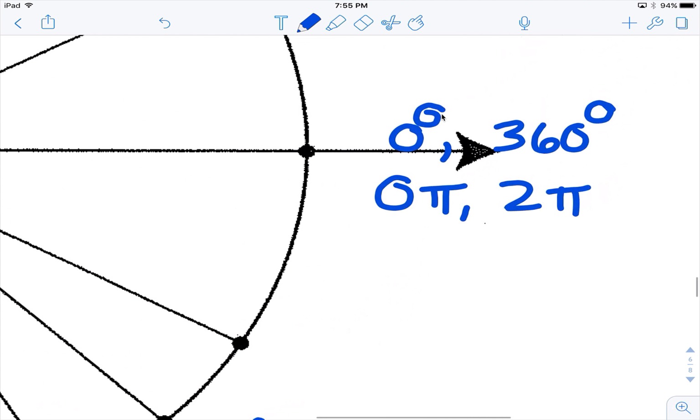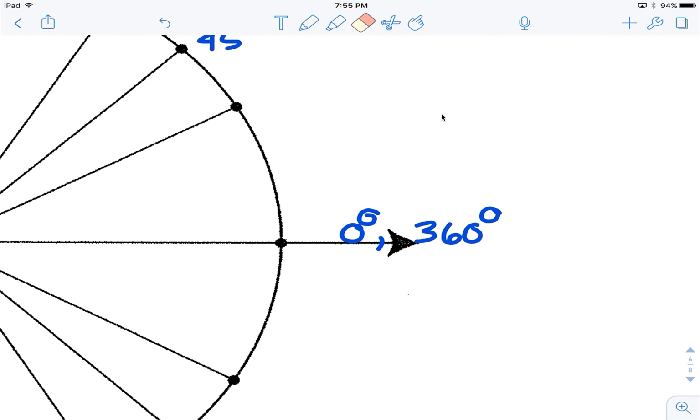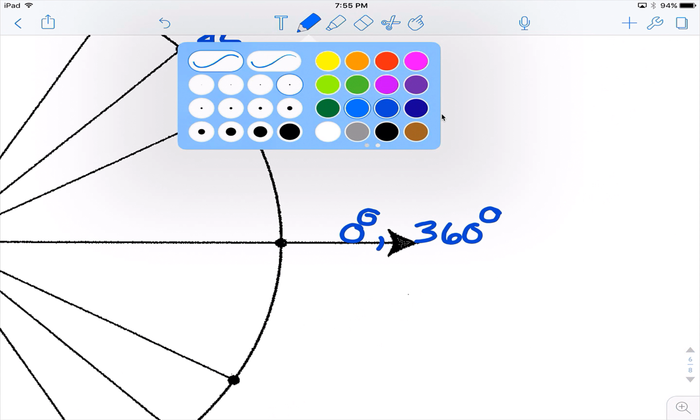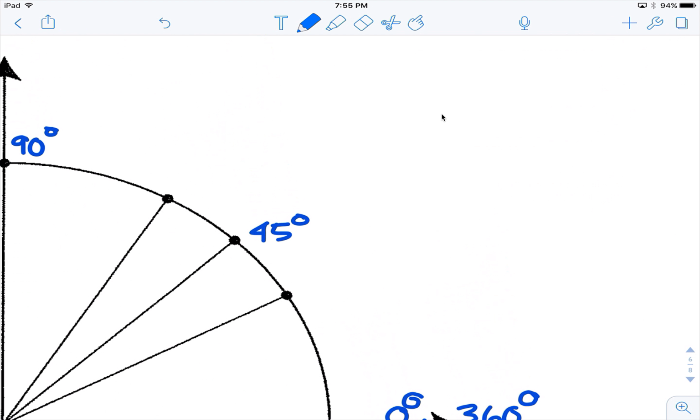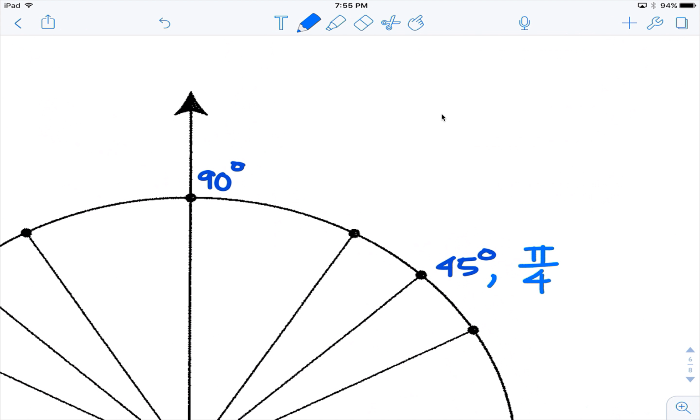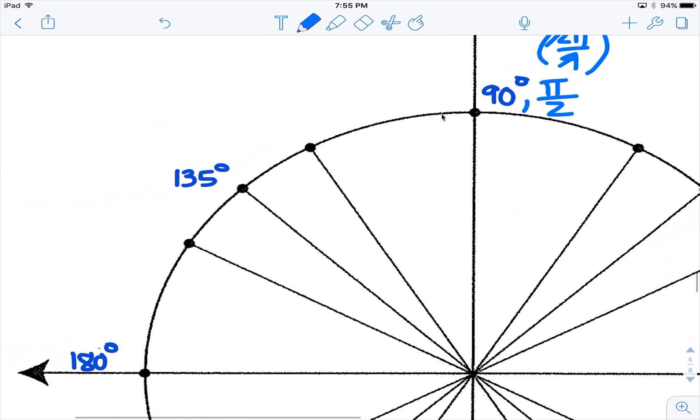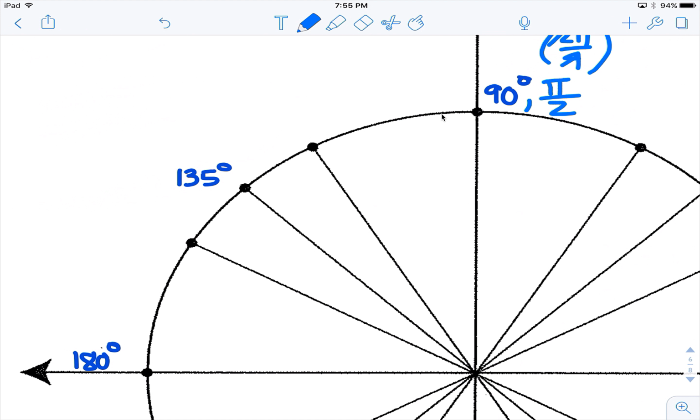Okay, so now if we go around and we talk about radians, that would be the same as 0 pi. 45 degrees is the same as pi over 4. 90 degrees is pi over 2. Remember that that's the same as 2 pi over 4, but we reduced it. At 135, we have 3 pi over 4.